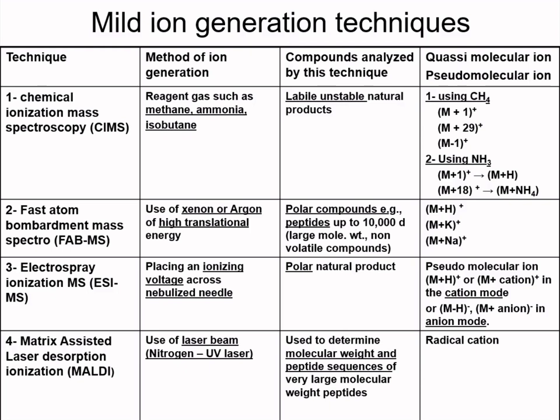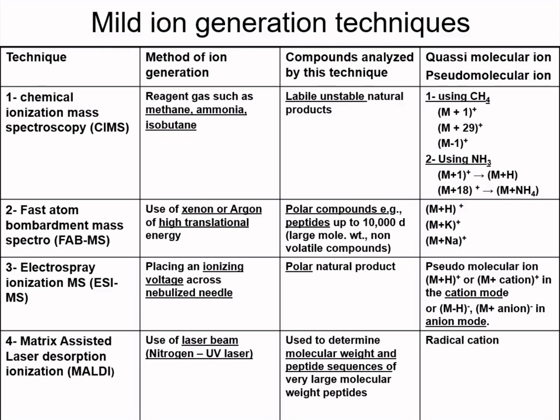This technique is used for non-volatile compounds or large molecular weight compounds. Quasi-molecular ions that may be observed here are M plus H, M plus sodium, or M plus potassium in the positive mode.